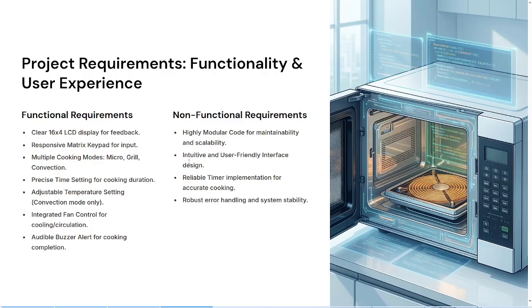The fan is an imitation, a simulation for the microwave. If the fan is on, the microwave is running. If the fan is off, the microwave is not running. Then a buzzer for the alert. It will basically give the alert when the cooking is done, like a regular microwave. And then, speaking about the non-functional requirements, this code is highly modular for maintaining scalability.